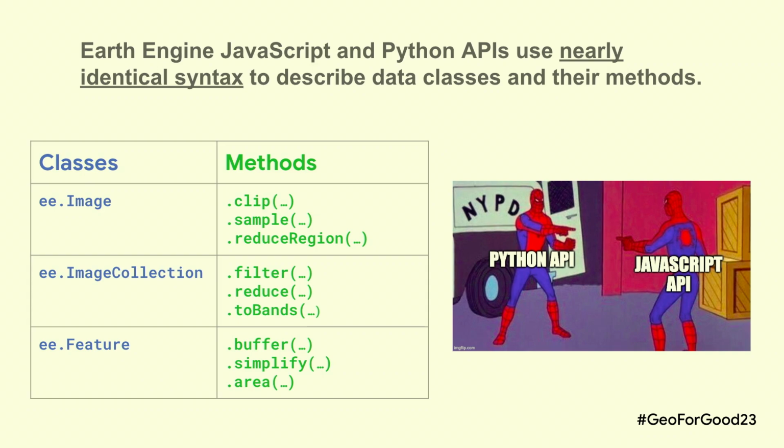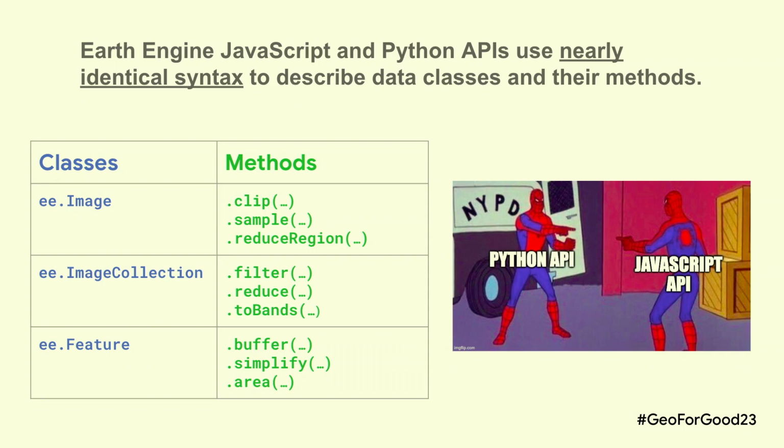And these two APIs share a similar, almost identical syntax. Earth Engine's an object-oriented language, and so these objects are data classes, things like an image or an image collection, a feature. And each of these types of data have certain things that you can do with them exclusively.